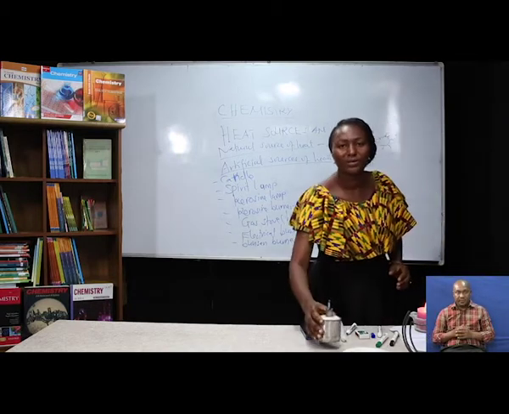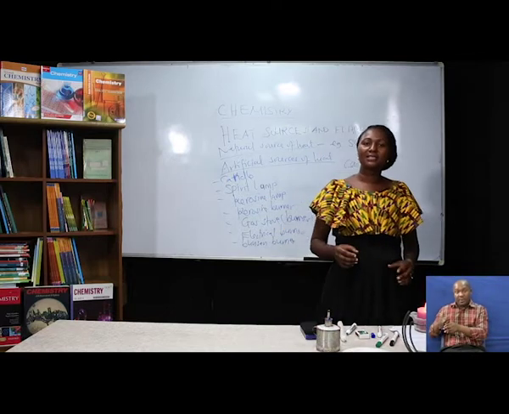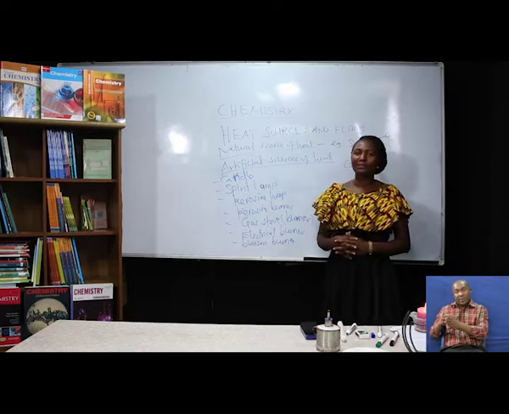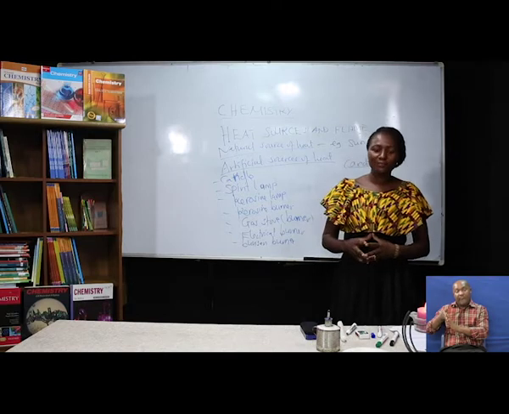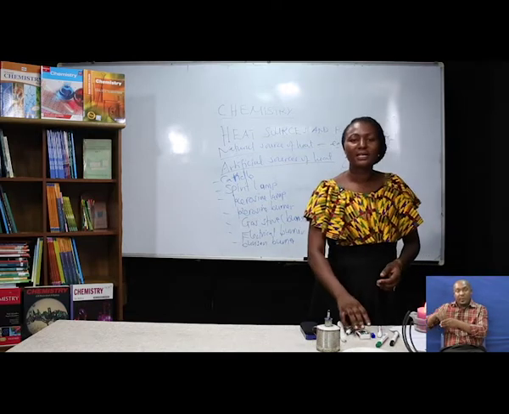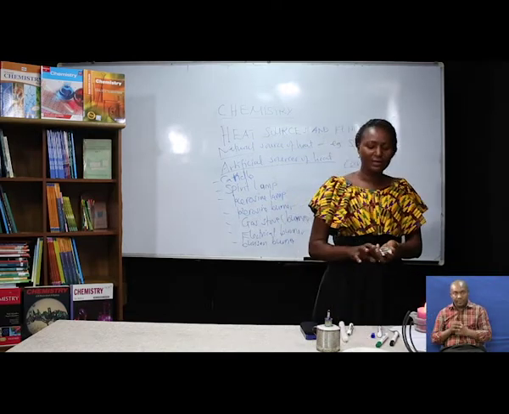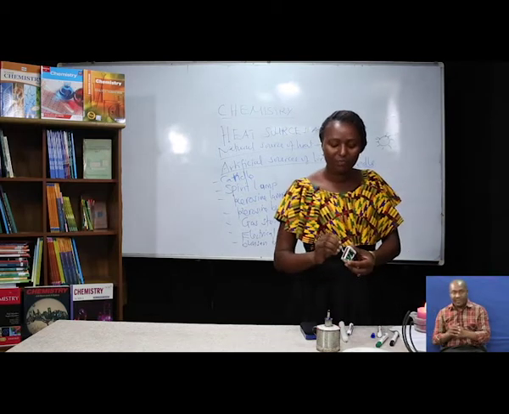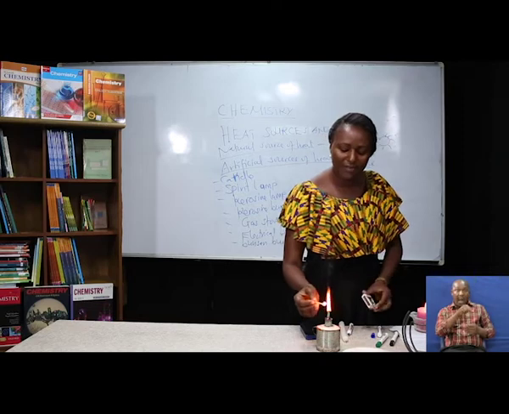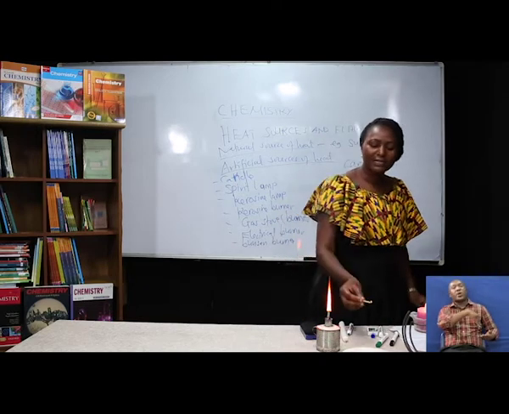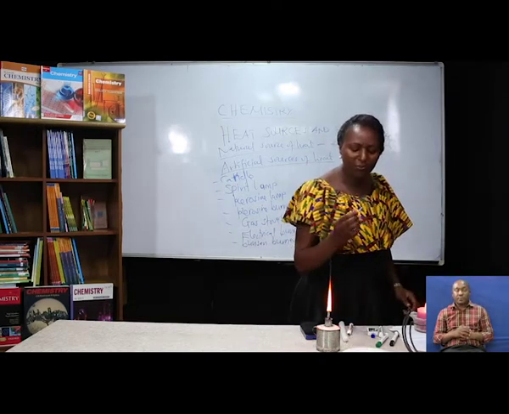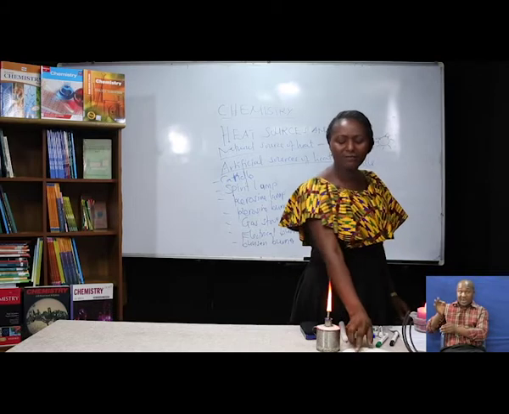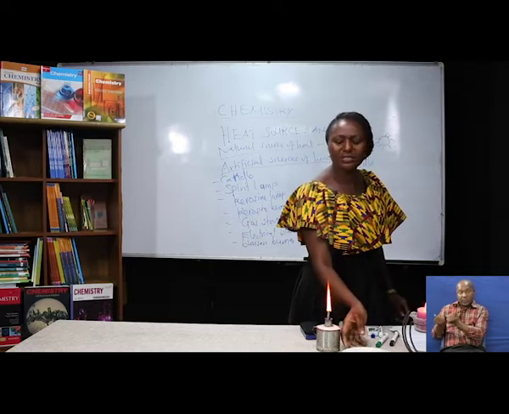Kerosene lamp uses kerosene as the source of fuel. As I told you about candle, kerosene lamp also produces yellow flame. But another thing in kerosene lamp, it produces yellow flame but also produces soot.